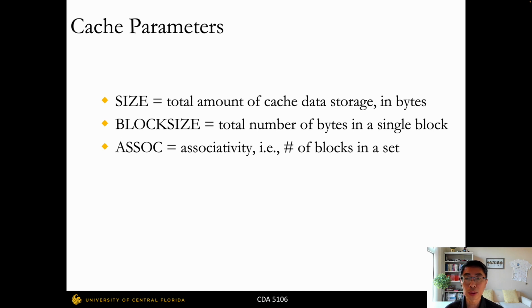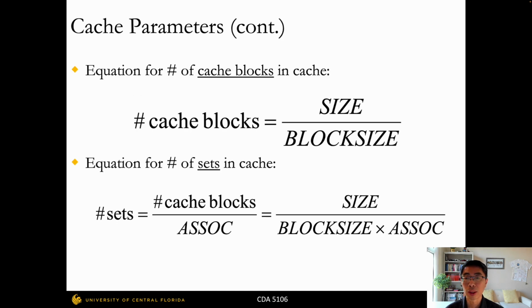You notice that there is one missing parameter, which is the number of sets. It turns out that the number of sets can be derived using these other three parameters. Let me explain. To obtain the number of blocks in a cache, we divide the cache size by the block size.